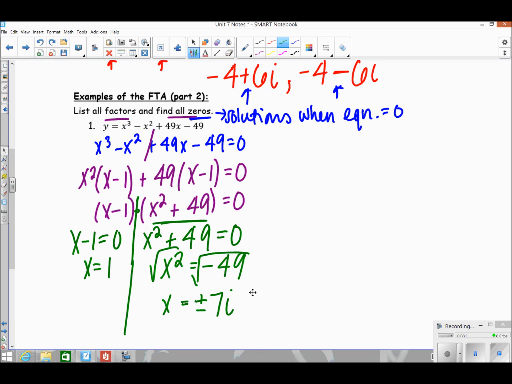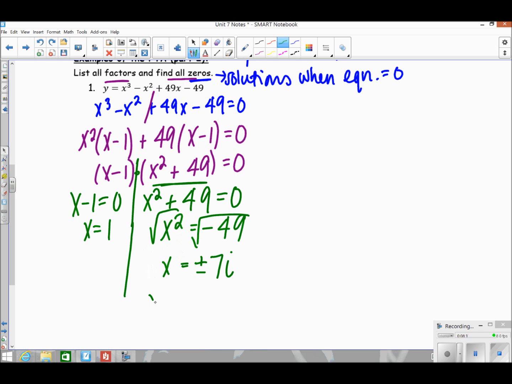And if you look, these are conjugates. This is like saying x equals positive 7i and x equals negative 7i. These are conjugate pairs.